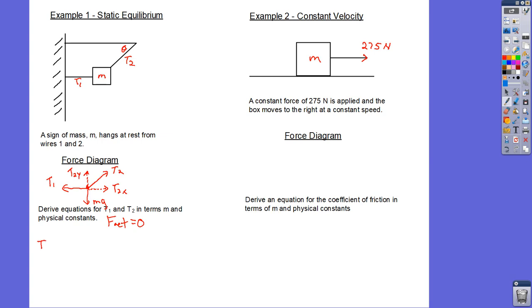So we know that T2y has to equal mg. Now you can write T2y in terms of theta. If we call that theta, T2y would be equal to T2 times the sine of theta.